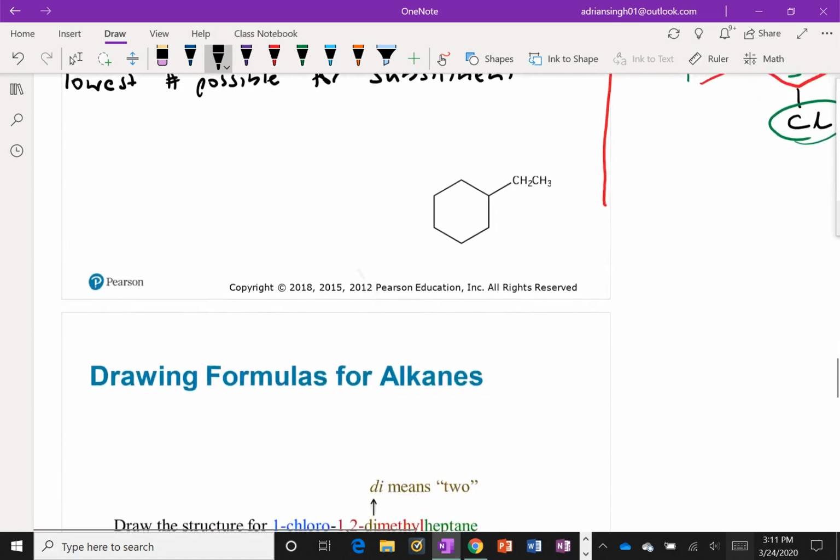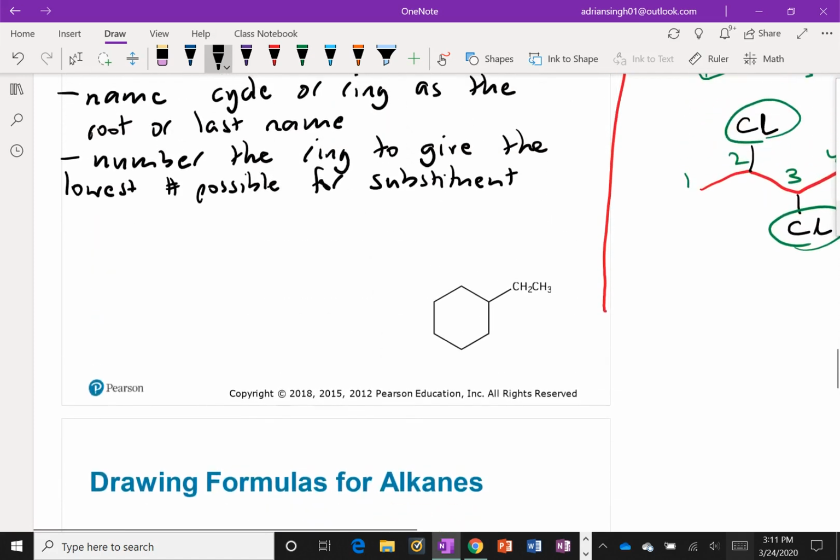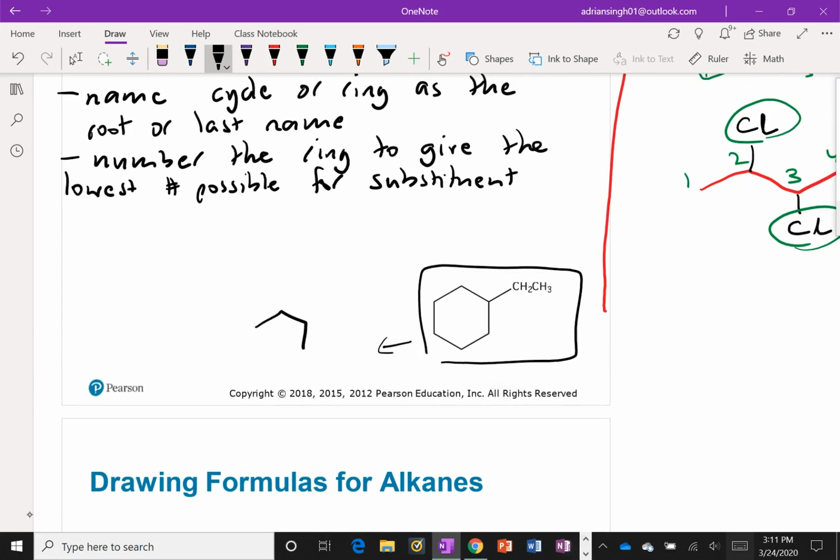Right, so let's take a look here at this example down here in the bottom right side. If you take a look, we have 6 carbons in a ring, and then that CH2, CH3, that's a 2 carbon chain, so we can draw it like this, 1, 2. In this case, you want to recognize that you have that cycle or ring structure.